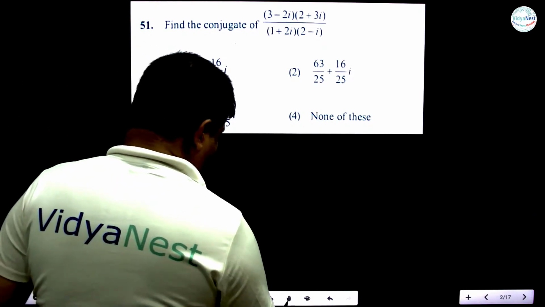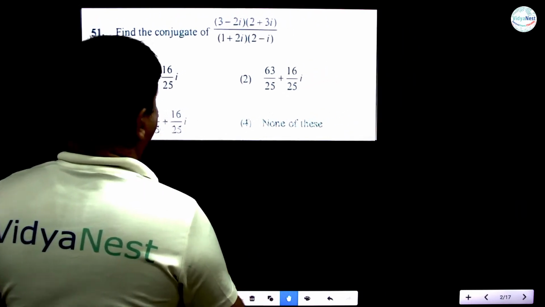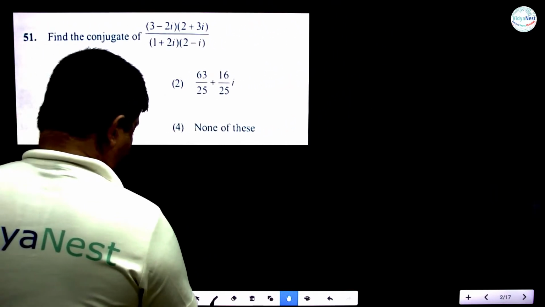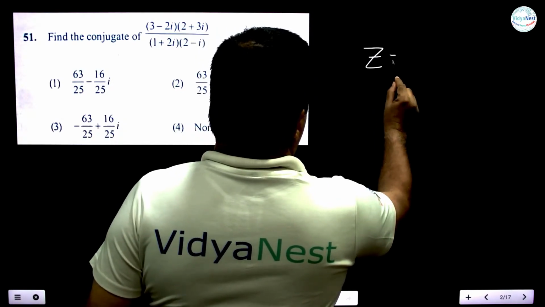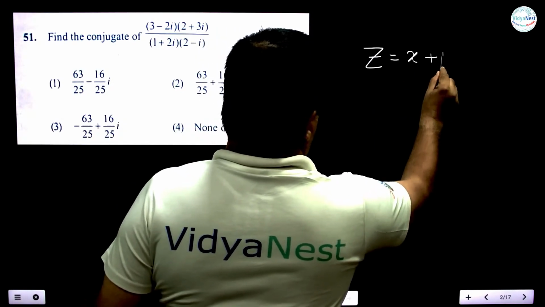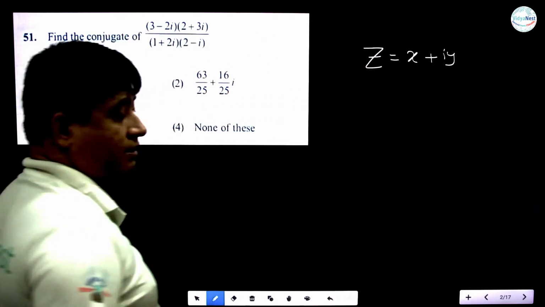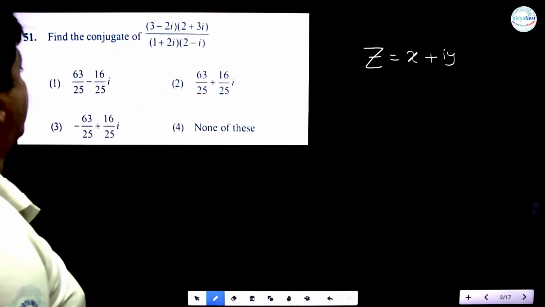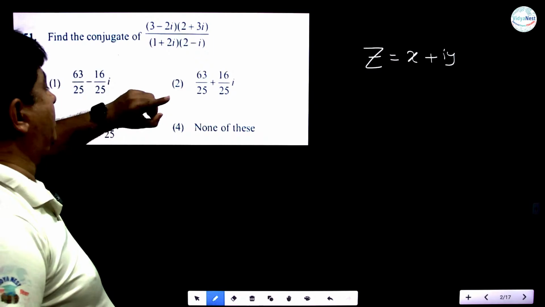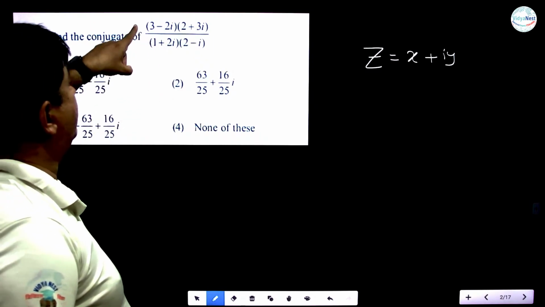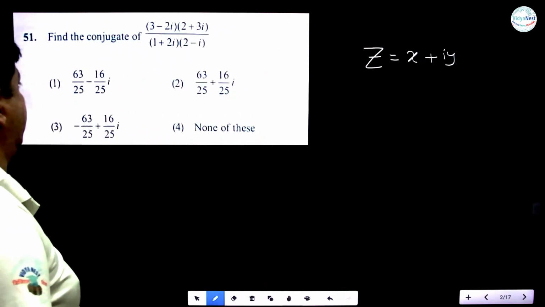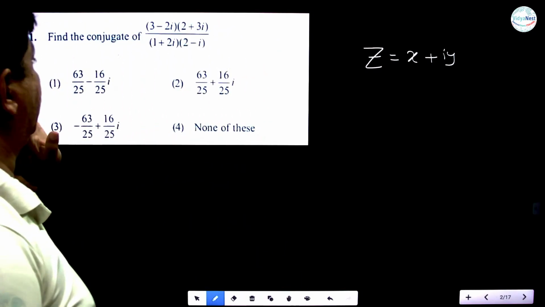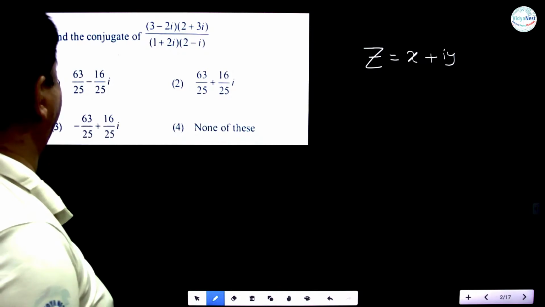Standard form is what? That is z is equal to x plus iy. That is the standard form. So, by manipulation, I have to convert it to the standard form. Let's start.